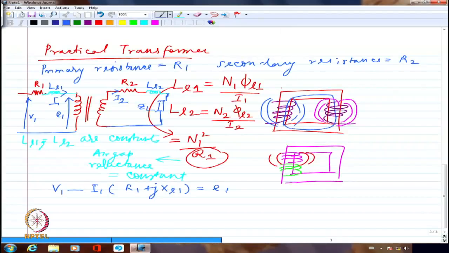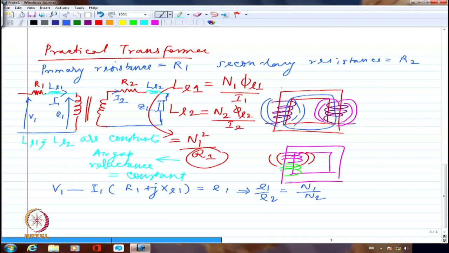Right? So what is available as the induced EMF, which is actually giving me the relationship finally E1 by E2 equal to N1 by N2, if I am writing in terms of even instantaneous voltages.